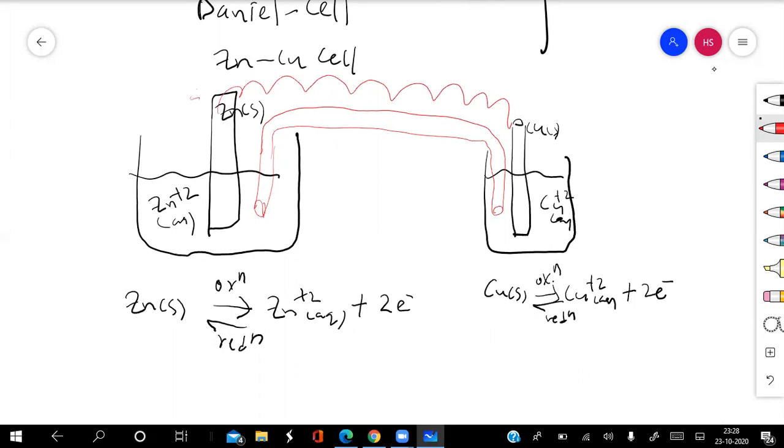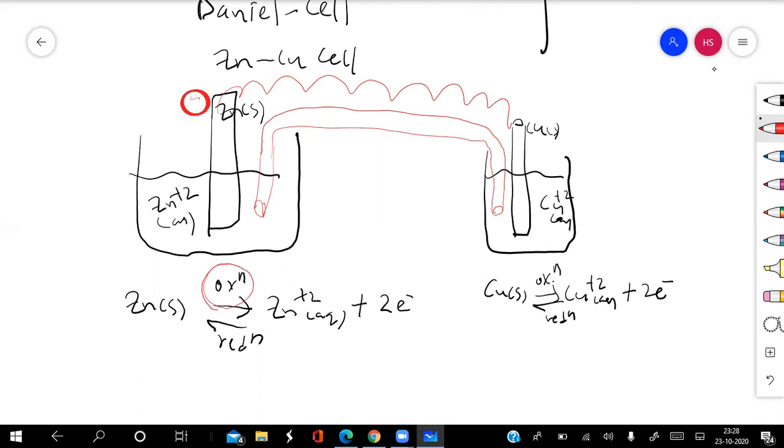Understood? So when I connect them, what happens? The zinc electrode will become the negative electrode. Now why does it become the negative electrode? Because it has been found that zinc has a greater tendency to undergo oxidation. If you compare the standard oxidation potential of zinc, you will find that the oxidation potential of zinc is greater than that of copper.